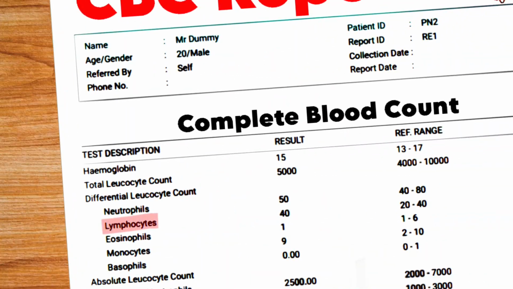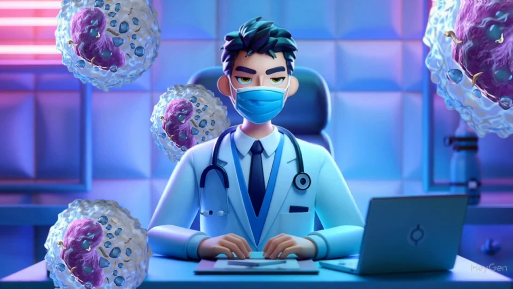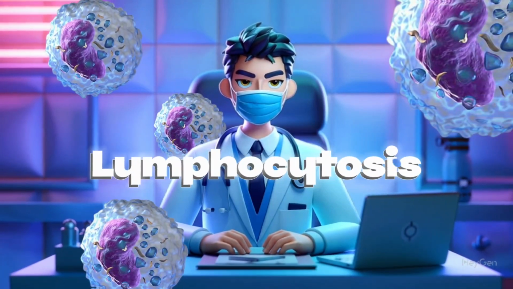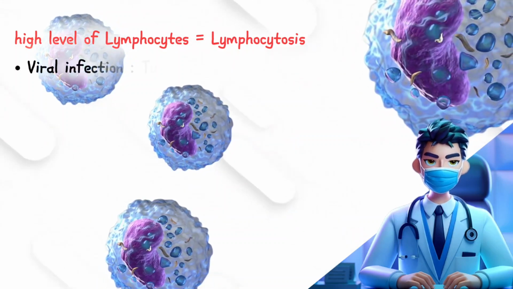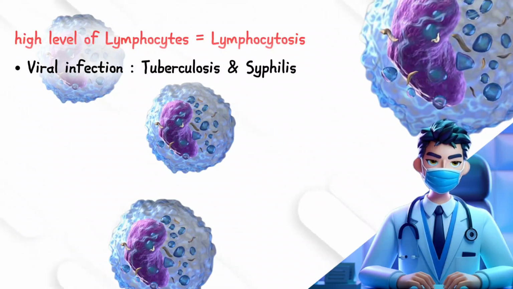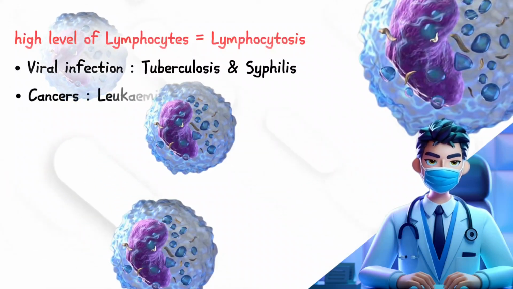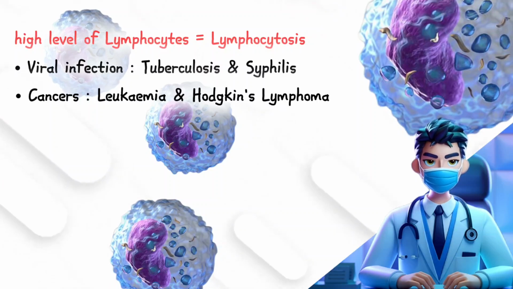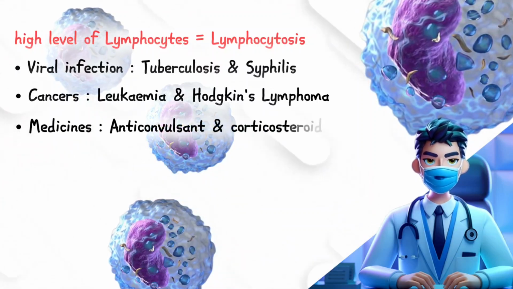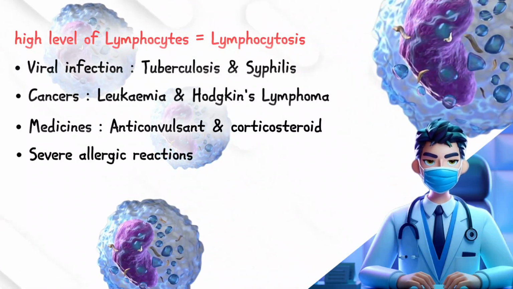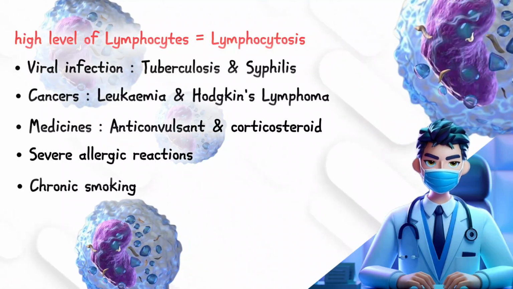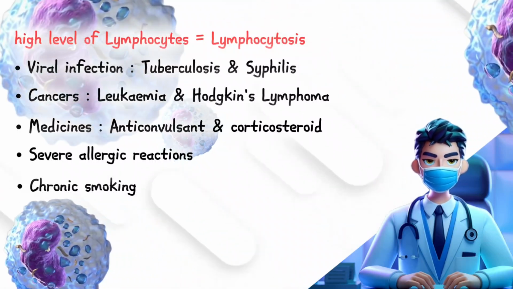The normal range of lymphocytes in total WBC is between 20 to 40%. The high level of lymphocytes in blood is called lymphocytosis. It may indicate that the body is having some kind of viral infections, tuberculosis and syphilis, or certain cancers like leukemia and Hodgkin lymphoma, medicines like anticonvulsants and corticosteroid, severe allergic reactions, and conditions like chronic smoking, and these lymphocytes are fighting against it.